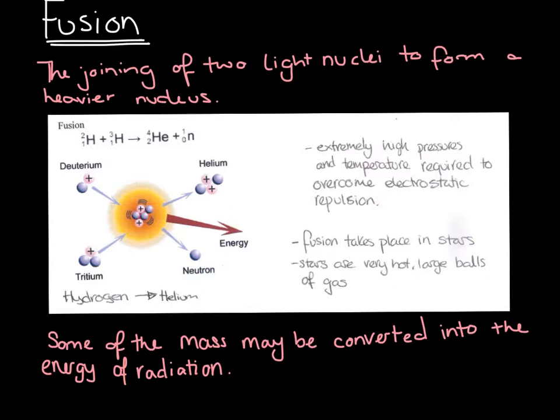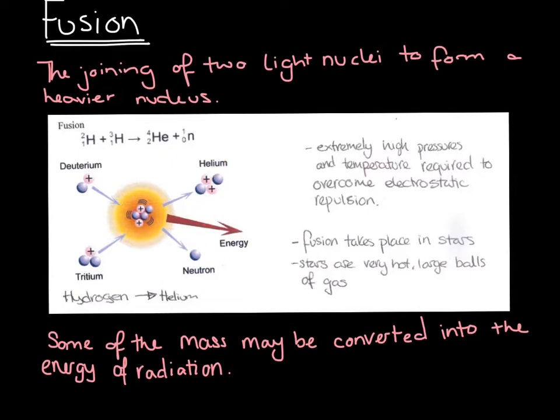Now, if we have a brief introduction as to why energy is released, and this is something that you look a lot more at in sixth form physics. If you measure the mass of this hydrogen isotope and that hydrogen isotope, and you measured the mass of this helium atom and this neutron, you'd find that the mass going in does not equal the mass coming out.